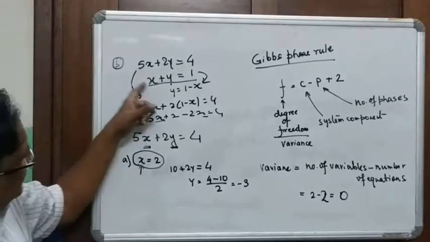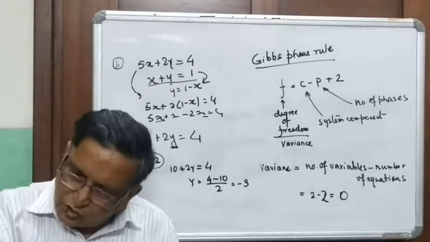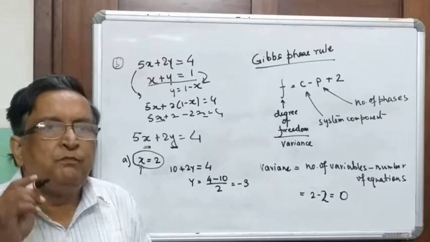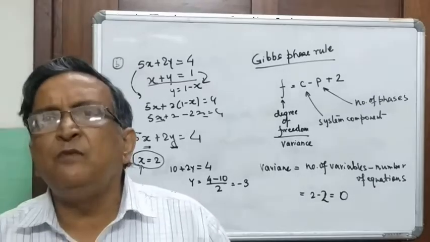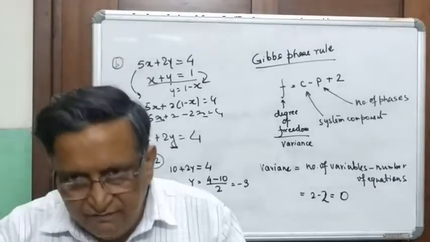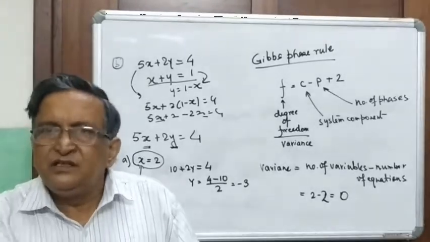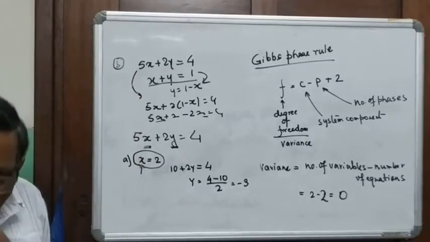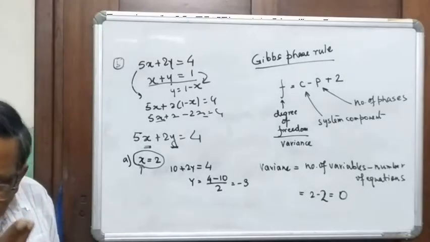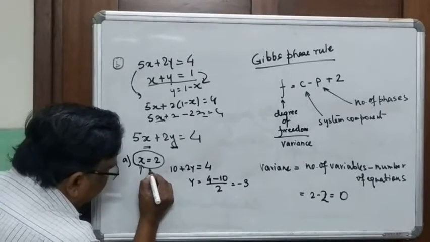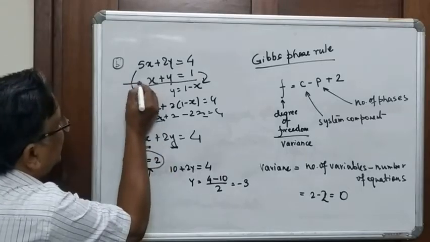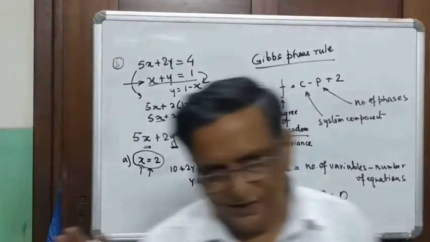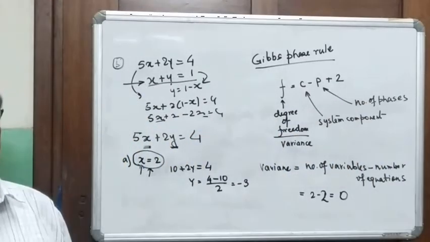And here x plus y is equal to 1 is also an equation. When you put in a value for a variable, that's an equation. So A and B, although they look different, are one and the same. Essentially no difference.